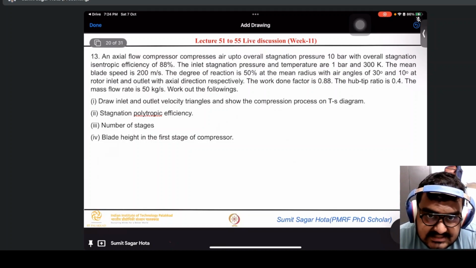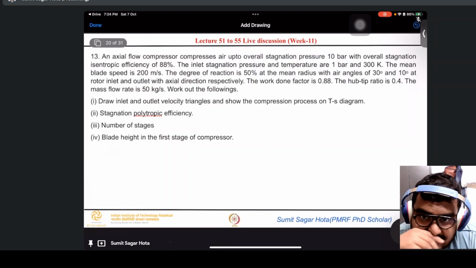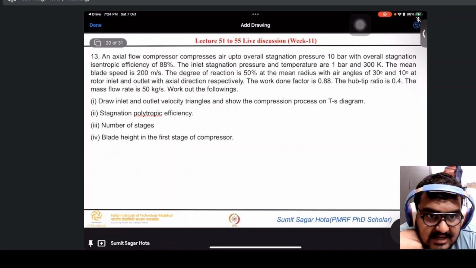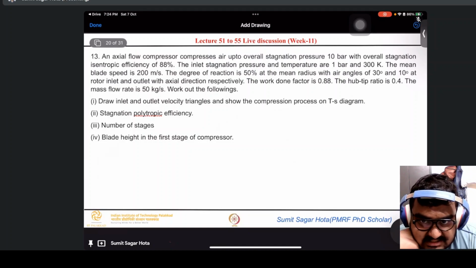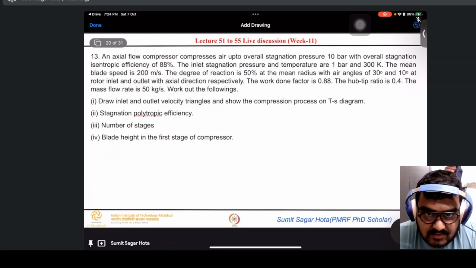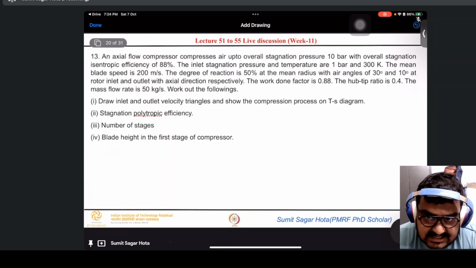The inlet stagnation pressure and temperature are 1 bar and 300 Kelvin. The mean blade speed is 200 meter per second. The degree of reaction is 50% at the mean radius with air angles of 30 degree and 10 degree at the rotor inlet and outlet with axial direction respectively. The work done factor is 0.88, the hub tip ratio is 0.4, the mass flow rate is 50 kg per second.